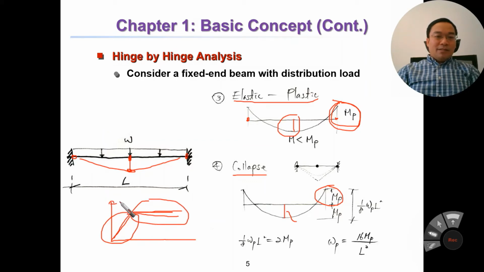If a section is plastic or has a plastic hinge, then the moment Mp remains. Although the load increases, the moment of the section does not increase, due to the idealized curve assumption, right?